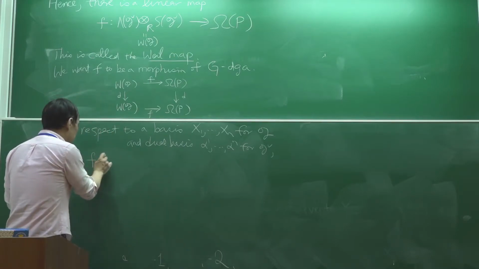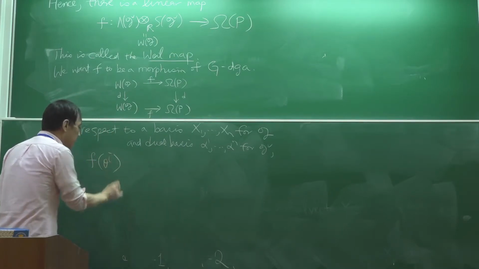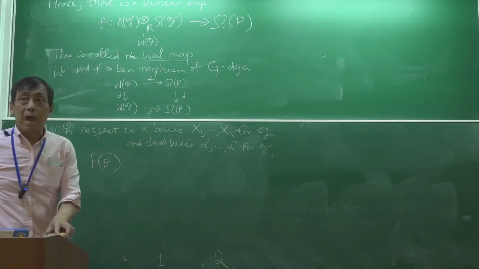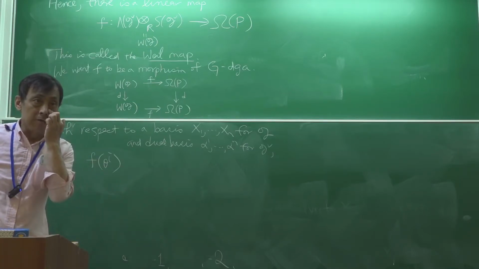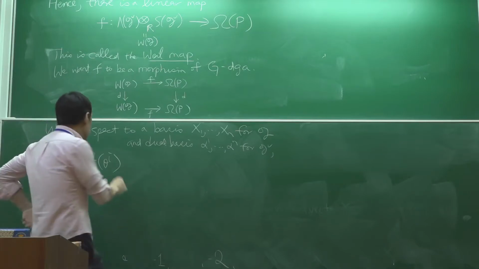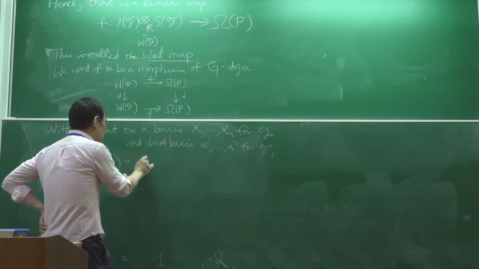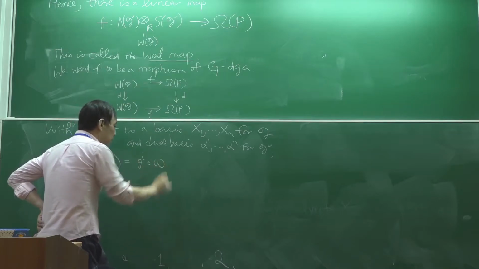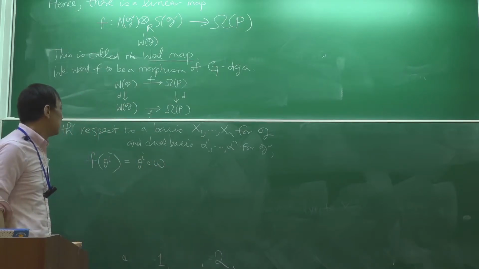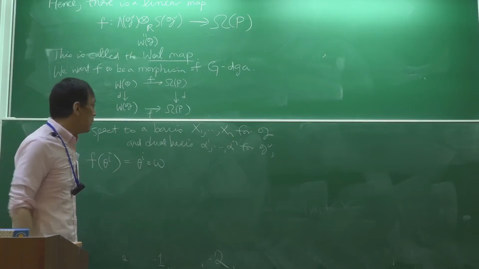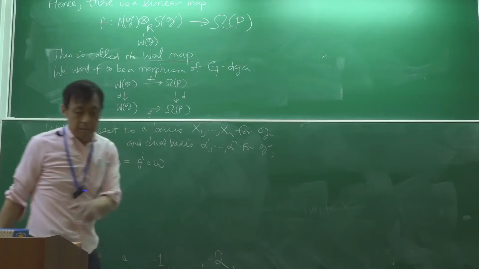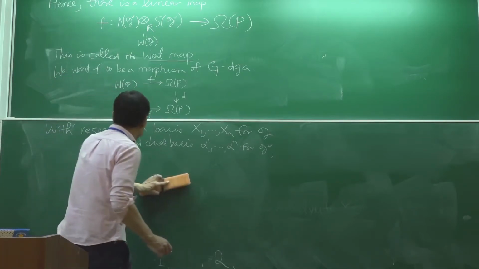So I'm going to write theta I for the alphas in the exterior algebra. Then f of theta I is theta I composed with omega. Oh, and then maybe I should first write out omega.